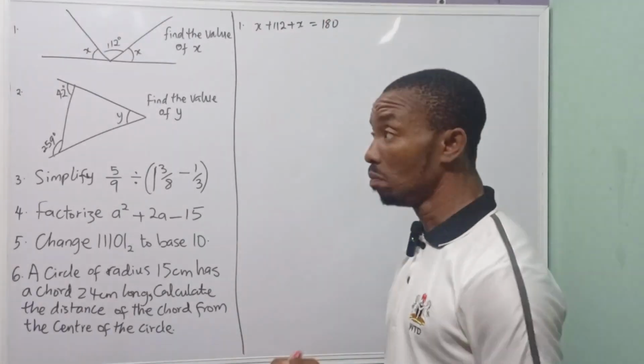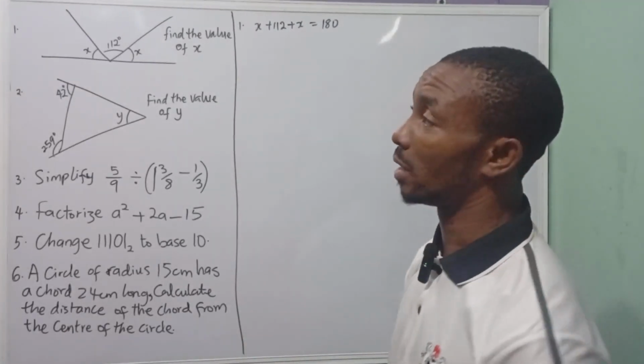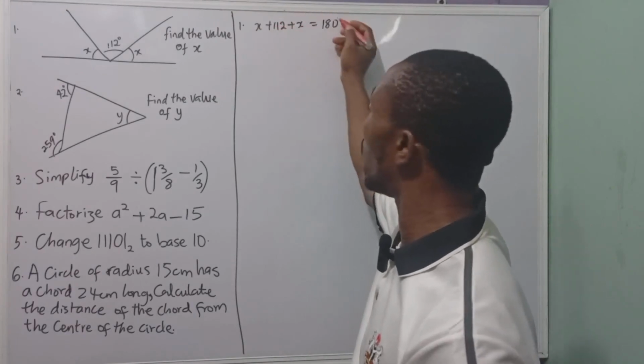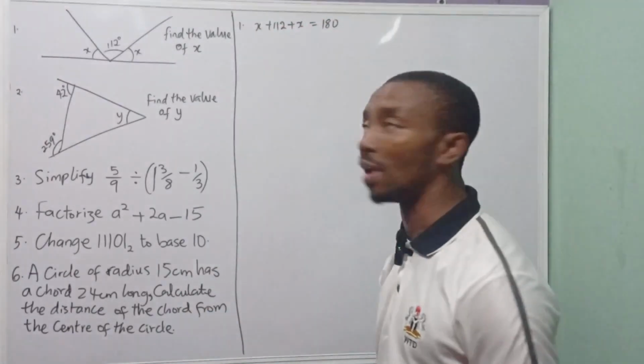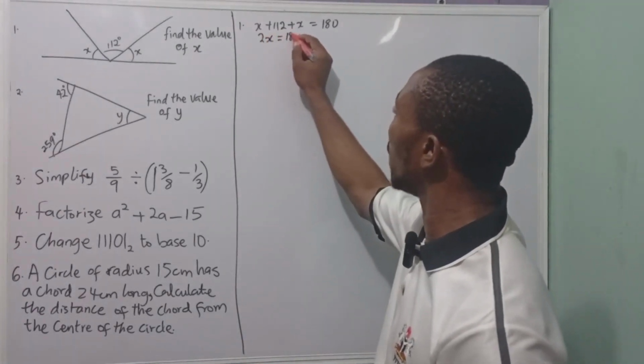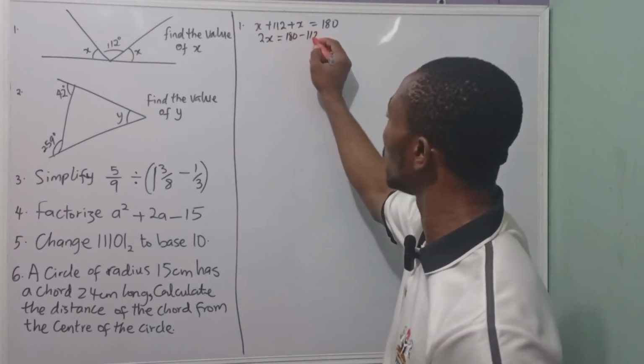Now from here, we would collect like terms. Collecting like terms will mean bringing these two x's together and moving our 112 over to 180. So this becomes 2x equals 180 minus 112.